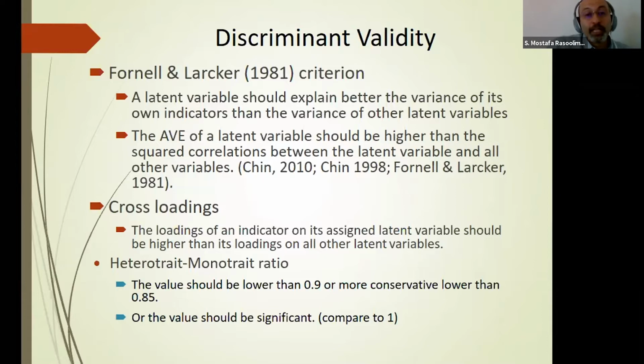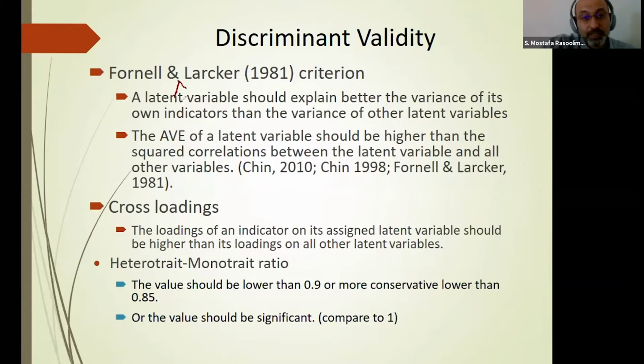Fornell-Larcker and cross-loading are two famous criteria, but cross-loading is no more acceptable. Fornell-Larcker is a traditional method to check discriminant validity. It is a correlation-based method.